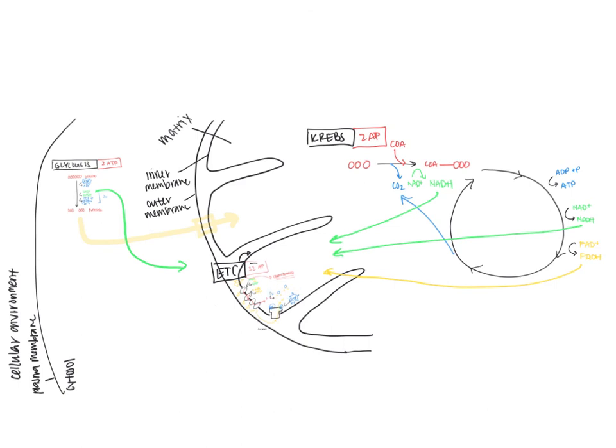So when we're thinking of our products and reactants, I'm gonna write out our formula up top. So we start out with C6H12O6, which is also known as glucose, plus 6O2. We're using our oxygen over here.